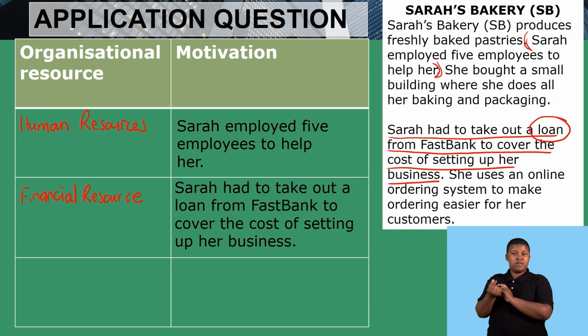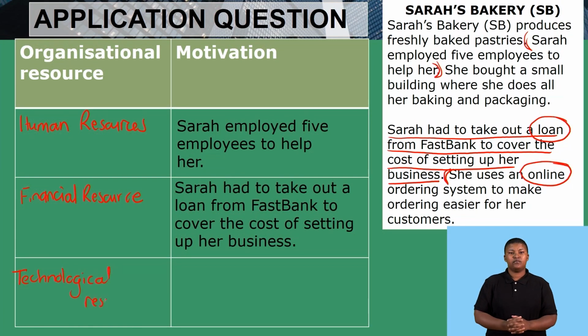Then we need one more resource, and when we look at the last sentence, the scenario states that she uses an online ordering system to make ordering easier for her customers. Now that little word online says that it's on websites, and therefore it's technological resources.